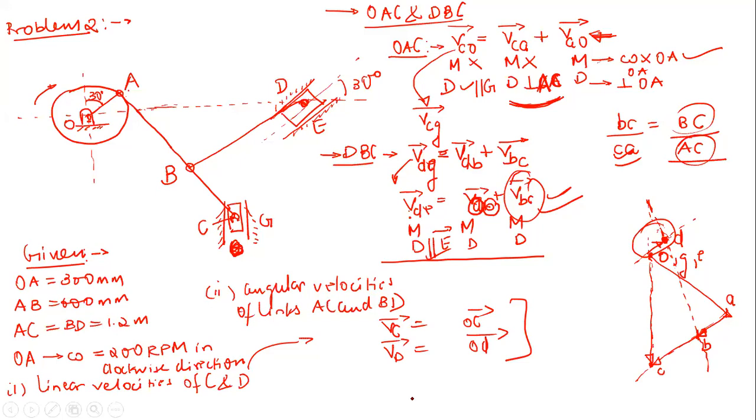I hope all these things are now clear to all of you. So let us stop for today. I think it's enough. In the next session, we will be going for the instantaneous center method, right? The numericals you can practice from the SS Ratan book. That book is sufficient.